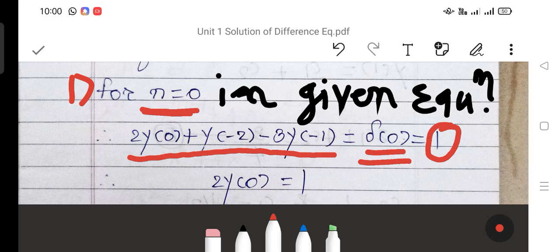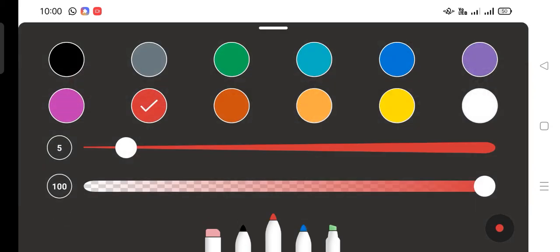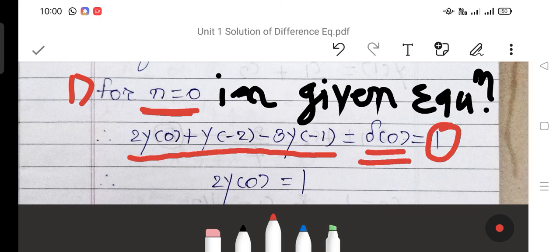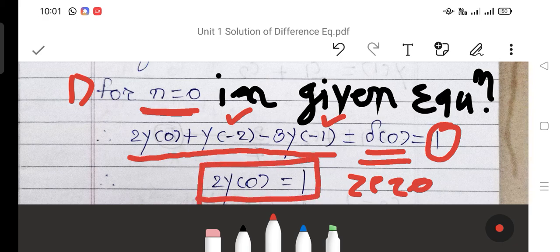So they should be given in the numerical, but as they are not given, we will assume y of minus 2 and y of minus 1 to be 0, for simplicity. Therefore, twice y of 0 equals 1.